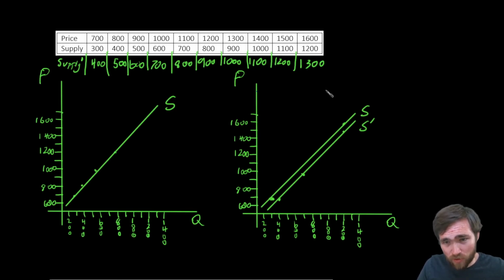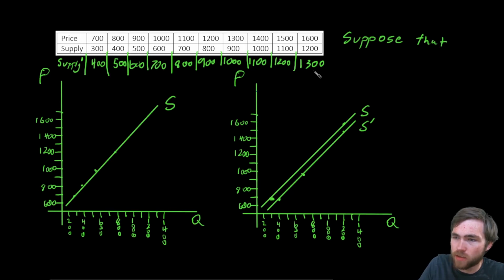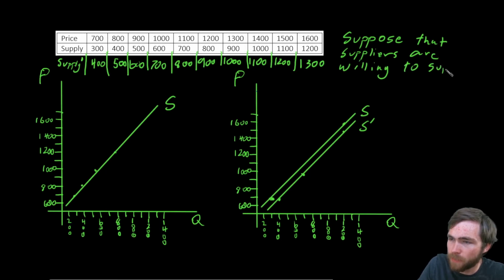So in the background here, let's say suppose that suppliers are willing to supply 100 more bikes at every price.